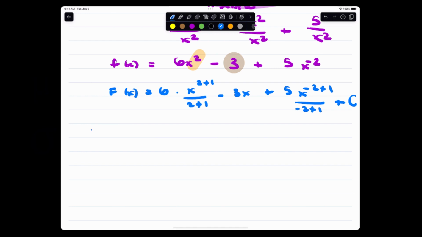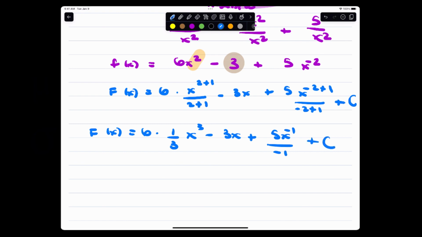So, ladies and gentlemen, double check here. We're going to have to do every detail, right? So that's 6 times 1/3 x to the third minus 3x plus 5x to the negative 1 over negative 1 plus c.